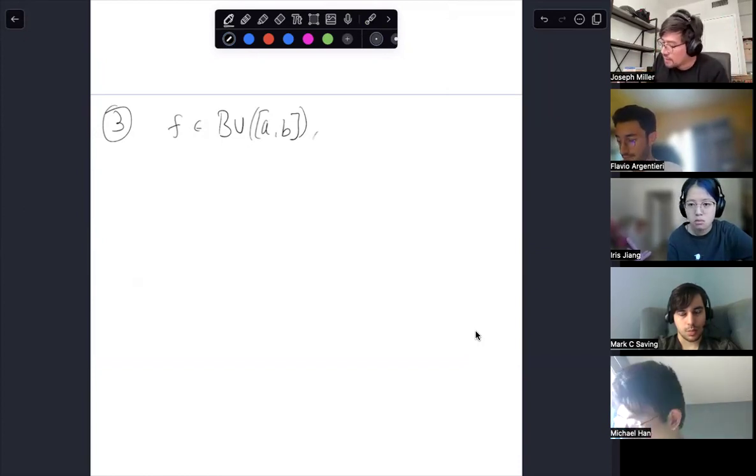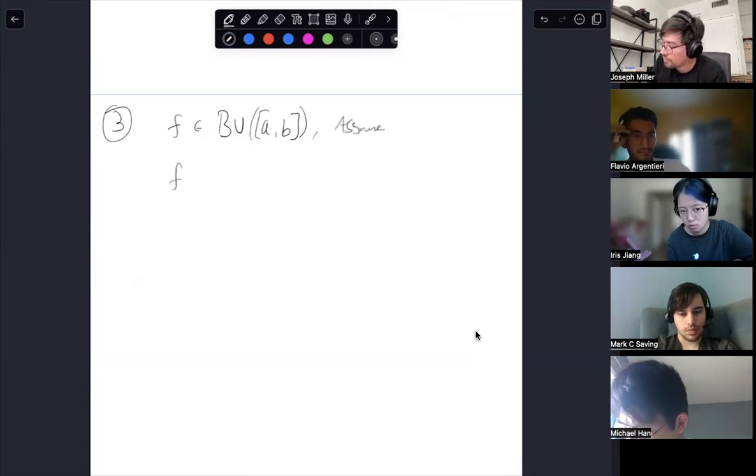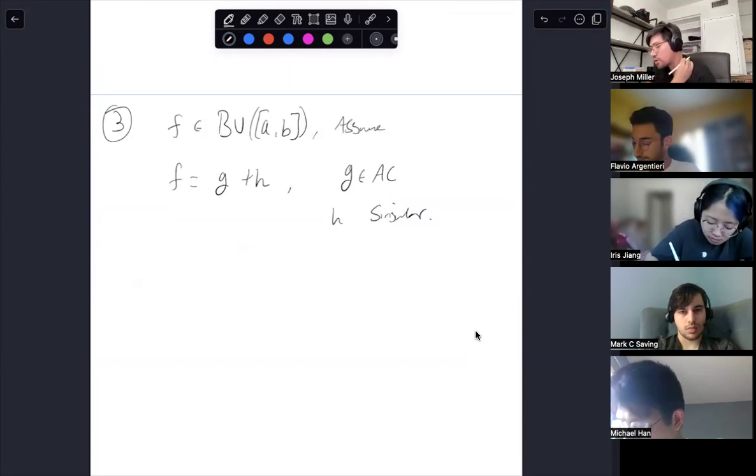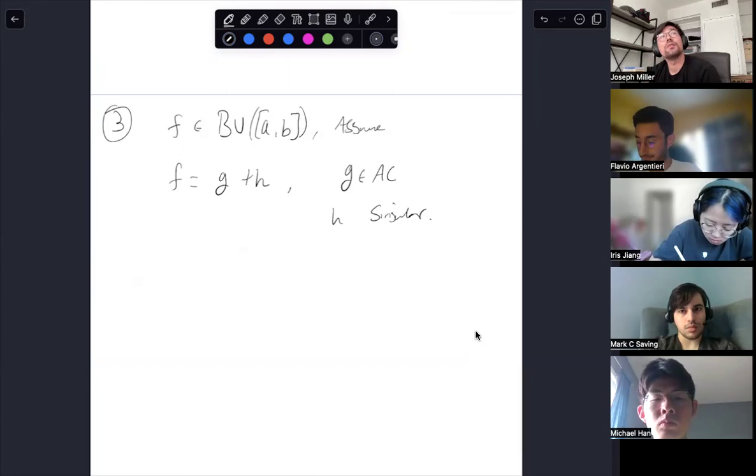Then I assume f is equal to g plus h, where g is absolutely continuous and h is singular in the sense of functions. So h being singular means it's a continuous function and its derivative is 0 almost everywhere.